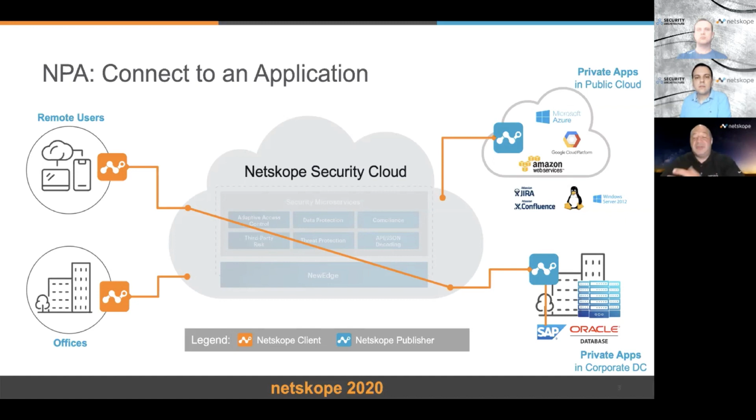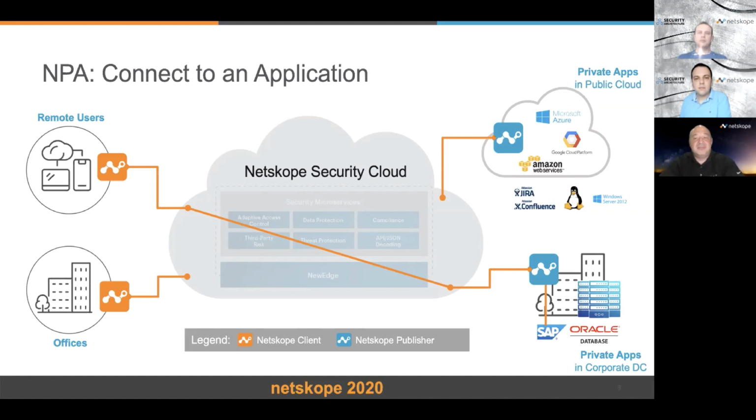If you have a high throughput application, you can dedicate a publisher or a group of publishers just to that application, and everything else can be served by a different publisher, even if it's in the same network location. It's a virtual machine running containers, running in Docker, so very lightweight Docker images that you deploy that handle all of this.